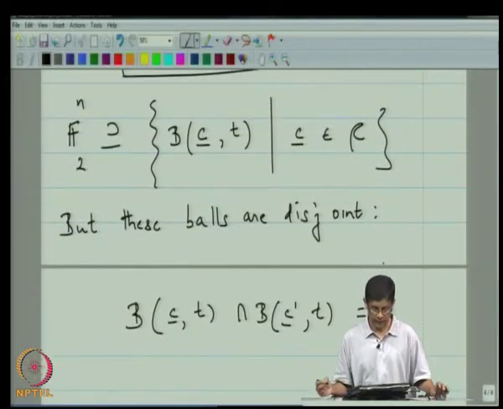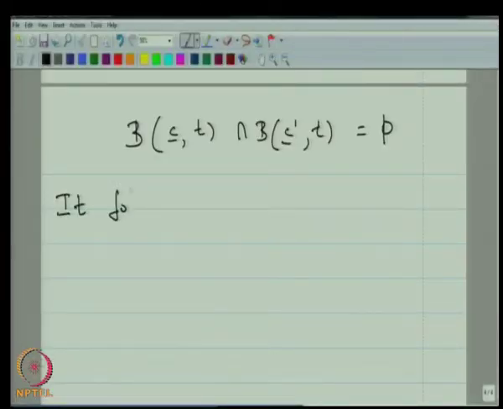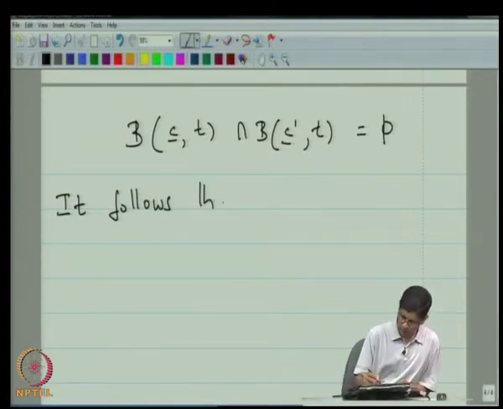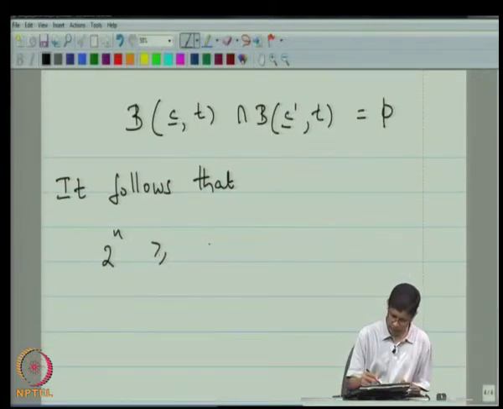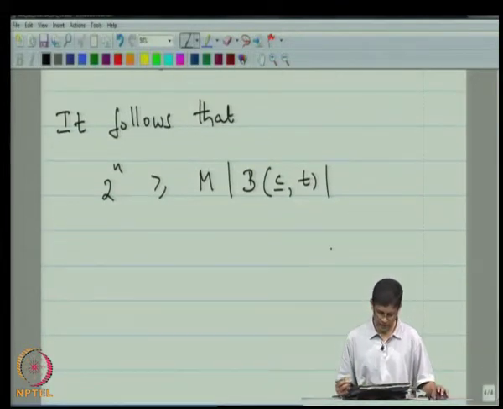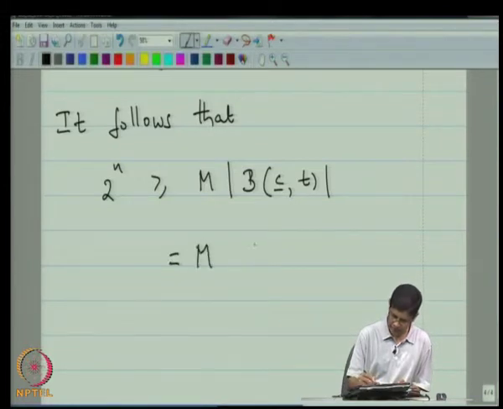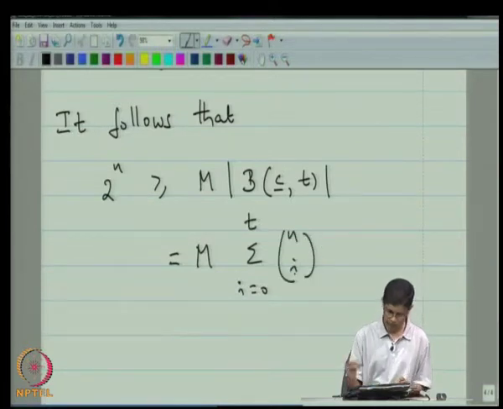Now we are just going to count. Since one set contains the other, the cardinality of the first set must be greater than or equal to the cardinality of the second. It follows that 2 to the n is greater than or equal to the number of code words m times the number of vectors in a ball of radius t, which is nothing but the sum of n choose i.